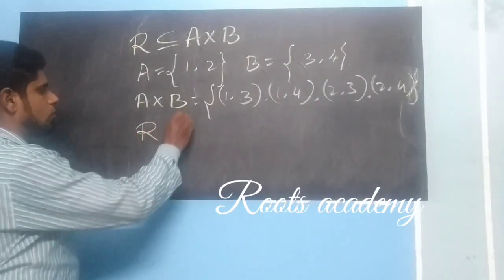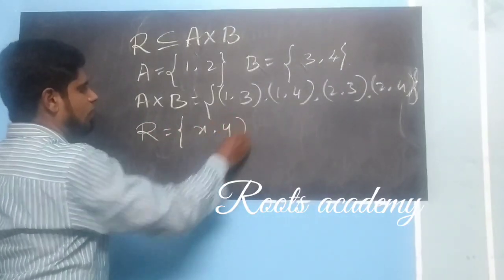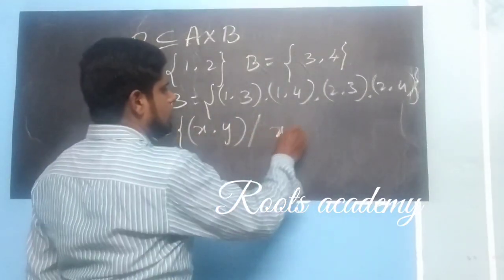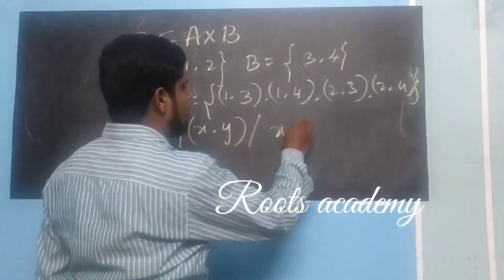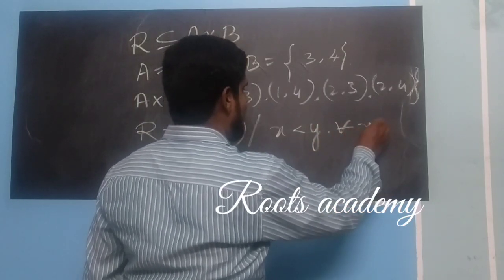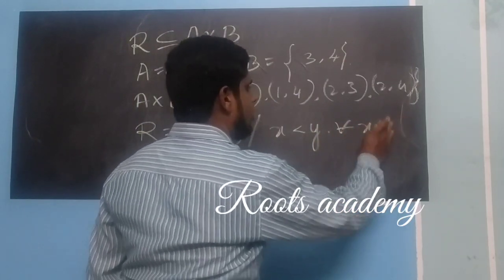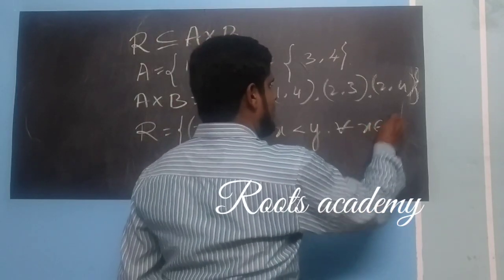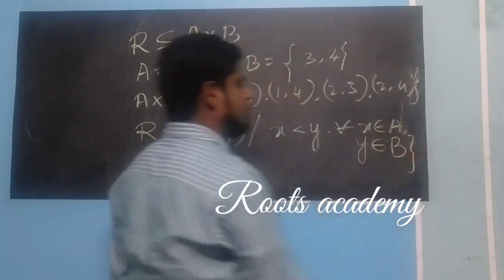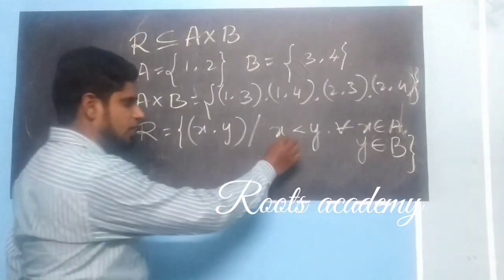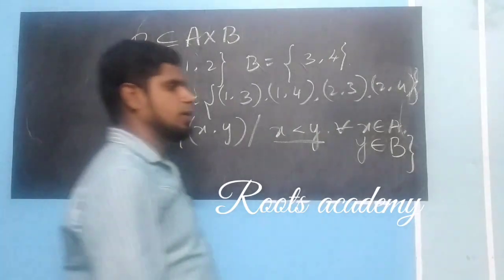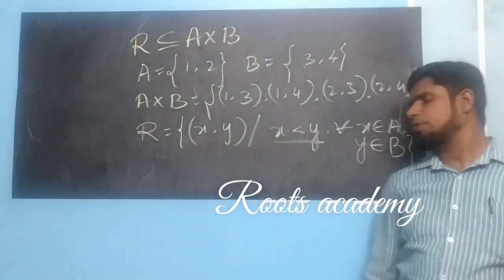The relation is (x, y) such that x is less than y, for all x belonging to set A and y belonging to set B. This is the defined relation between the two numbers: x is less than y.